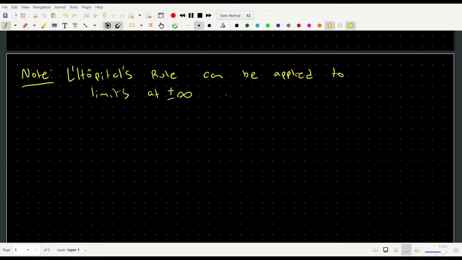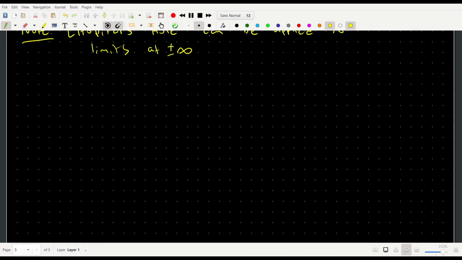And the reasoning for this is the following. This is as the variable x goes to plus or minus infinity.